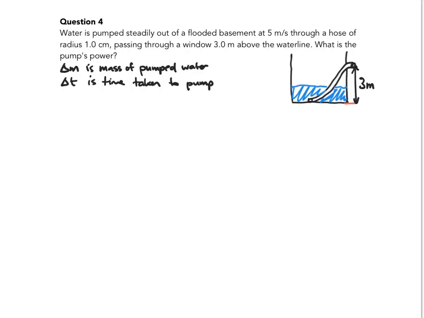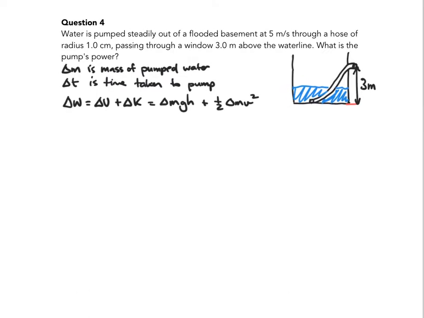So the work, delta W, is equal to the change in potential energy of the water plus the change in kinetic energy of the water. So that's going to be delta M g h plus half delta M v squared, which equals delta M times g h plus half v squared.